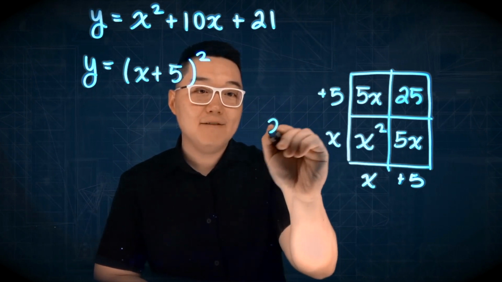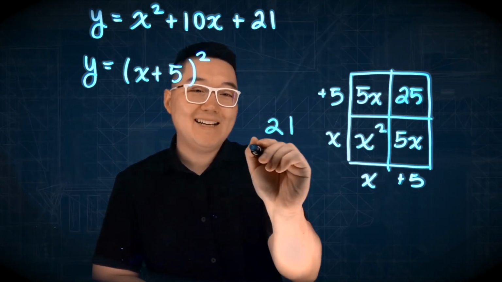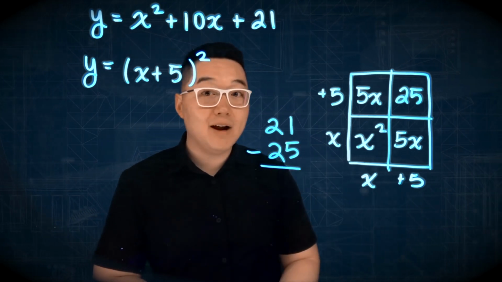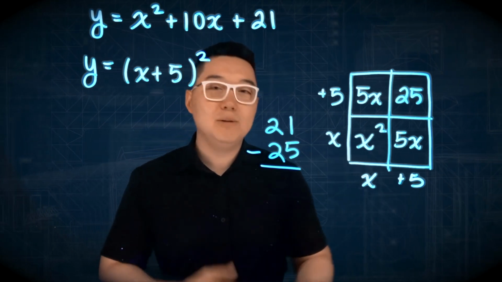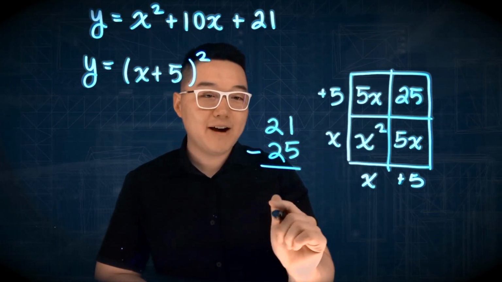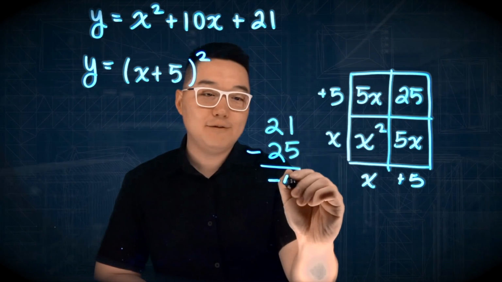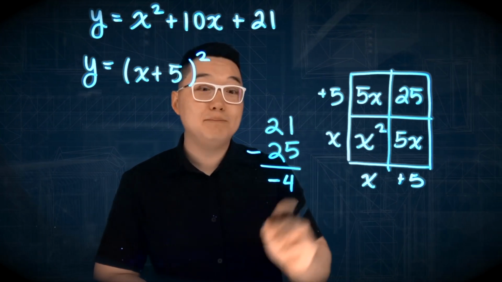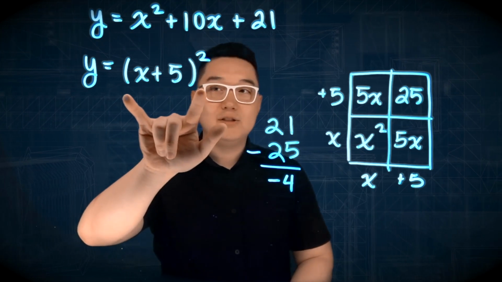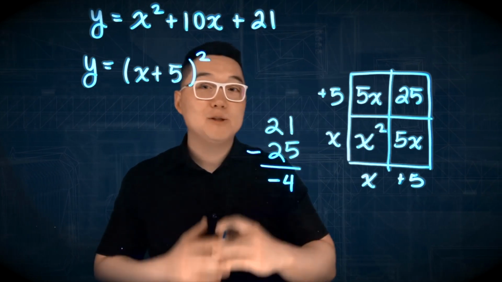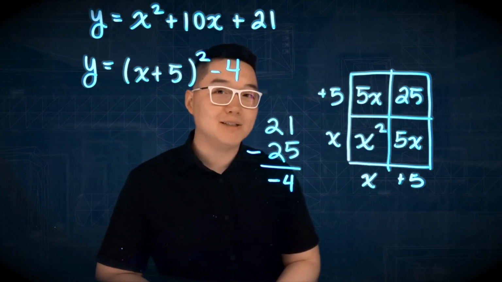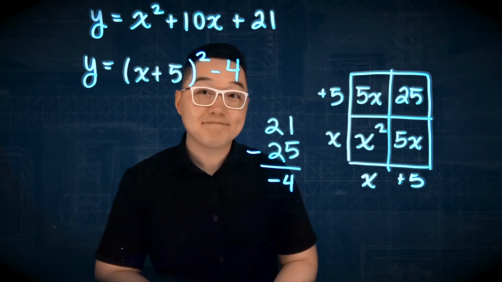I only have 21, but I need 25 to build this perfect square. So it looks like I need to borrow some. 21 minus 25, I am missing 4. Therefore, I need to borrow 4 to build that perfect square. So the remainder, or how much we have to borrow, is minus 4. We need to borrow 4 more tiles to build this perfect square.